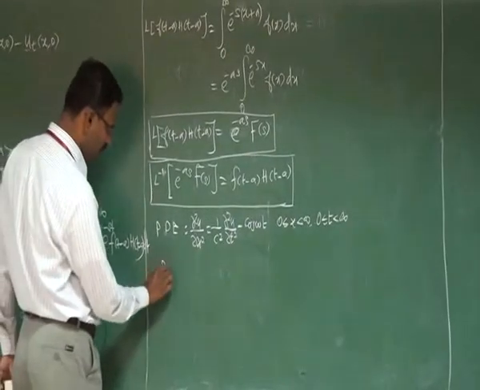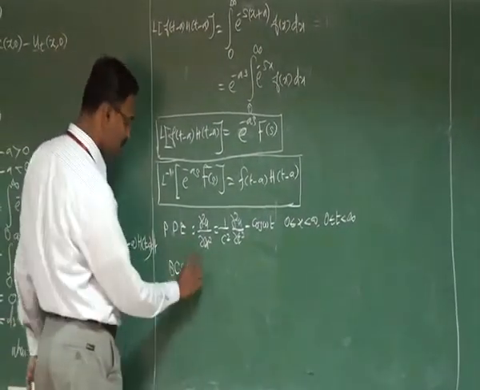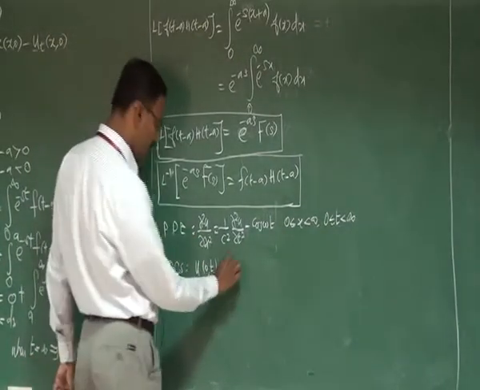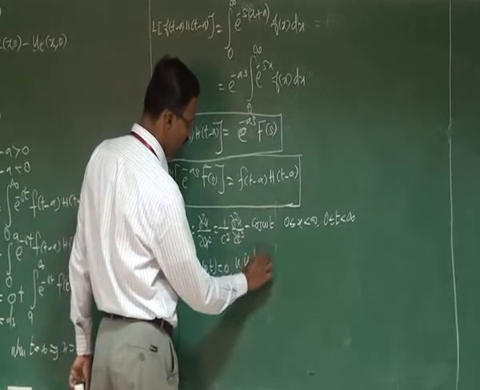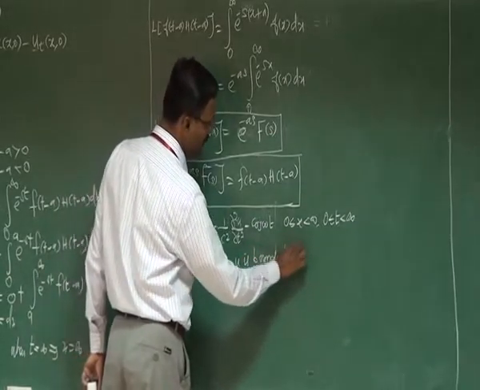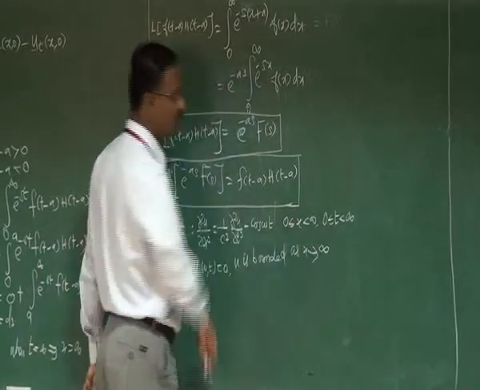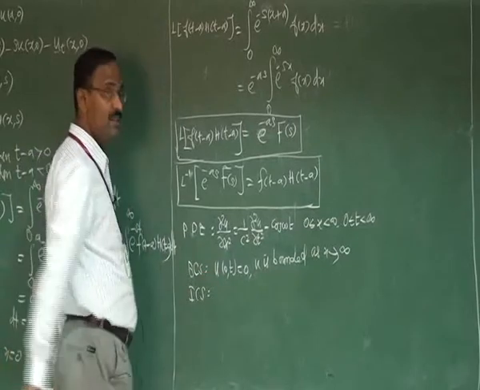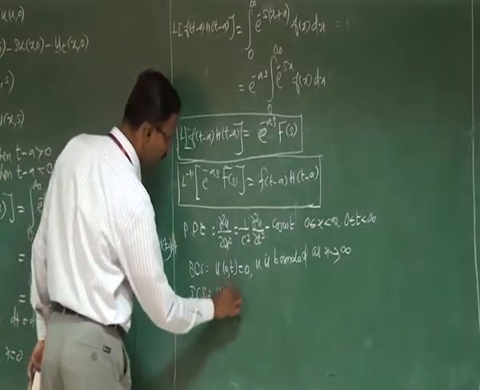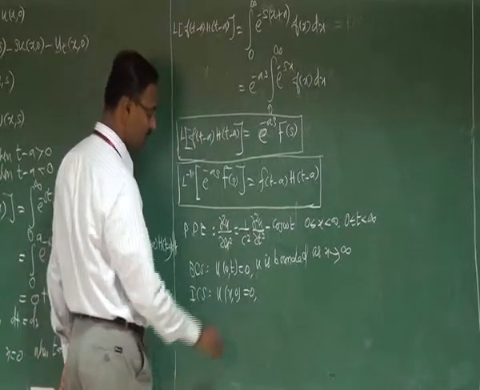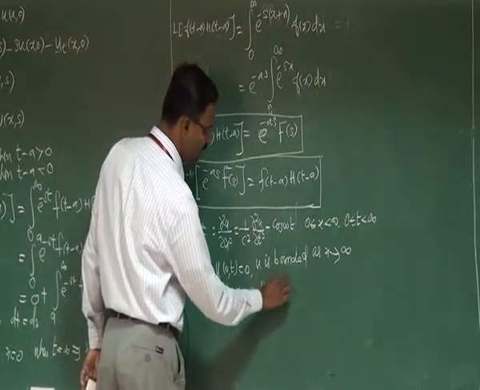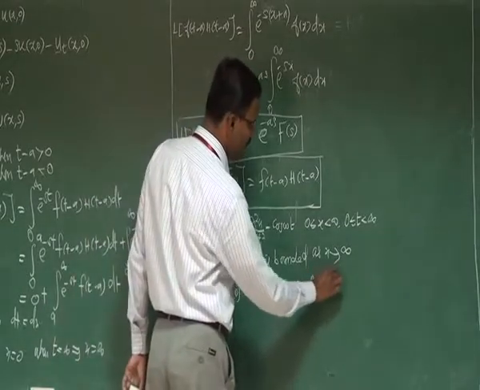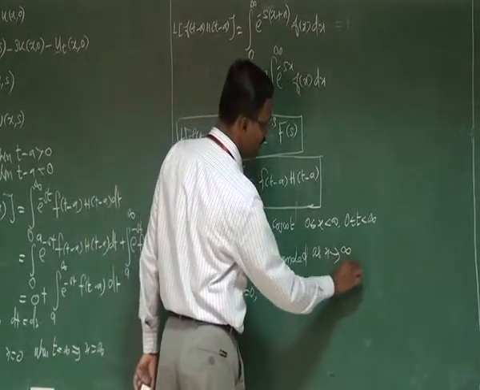Here the boundary conditions are u of 0 comma t is equal to 0 and u is bounded as x tends to infinity. The initial conditions are u of x comma 0 is equal to 0, ut of x comma 0 is equal to 0 for 0 less than or equal to x less than infinity.